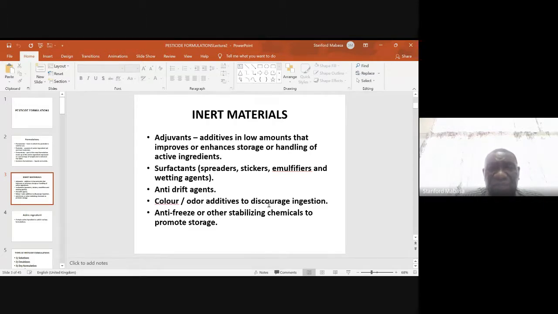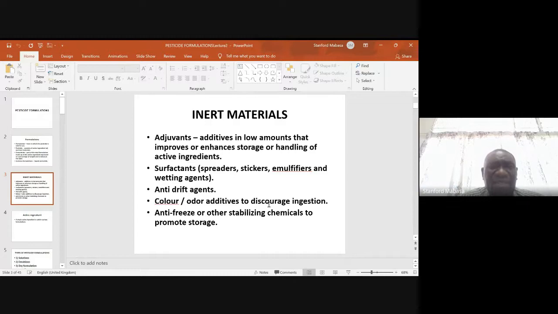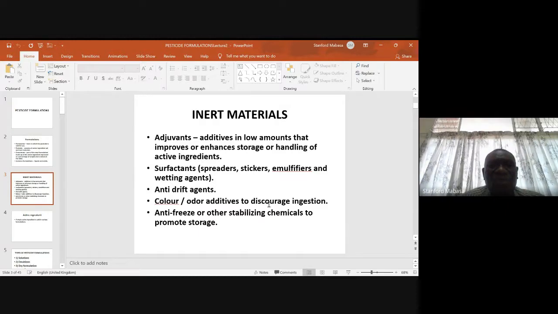Now, I've talked about the active ingredient. That is the pesticide which will kill the pest. But during packaging, we also have other materials, which we call inert materials, which are part and parcel of the pesticide. So what are inert materials?